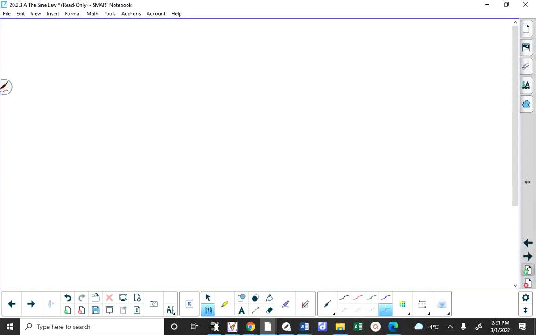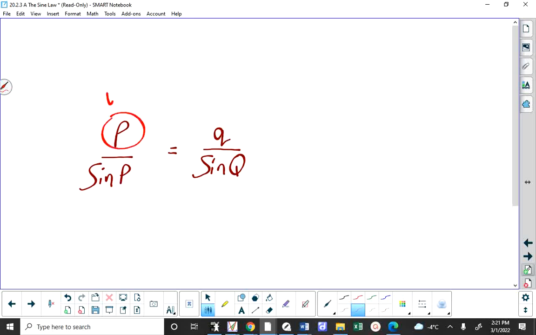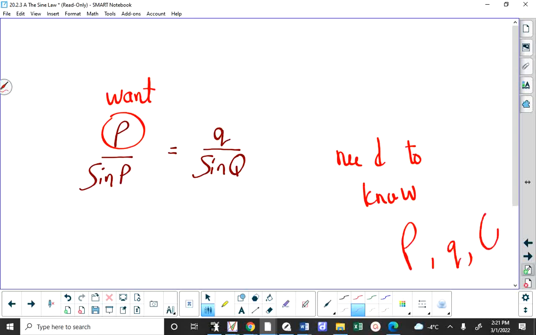I want to talk about something in very general terms. Well, I'll make it a little specific. If we have P over sine P equals Q over sine Q, just as an example of an application of the sine law, and I told you you want this, do you agree that if you want to calculate P in that equation, then you need to know capital P, lowercase q, and capital Q?